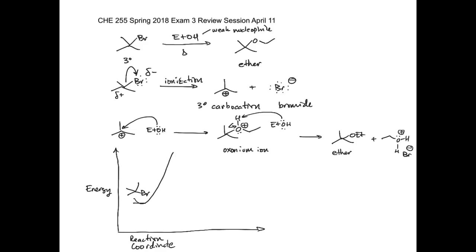In this case, you still go up to a transition state, and that's your rate limiting step. That's the energy of activation for the transition state.